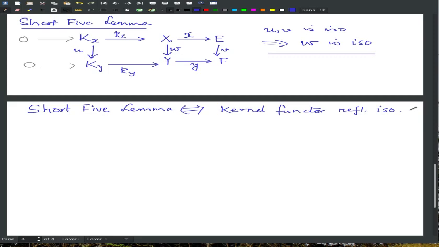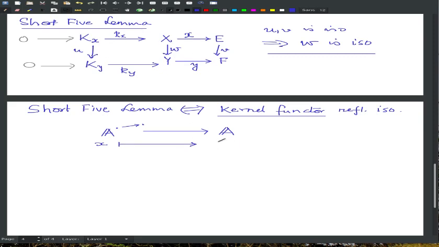Now, what is this kernel functor? This one, let me define. I am trying to make it a bit larger now. So I take the category of arrows, and I have an arrow X. I'm referring to this diagram.